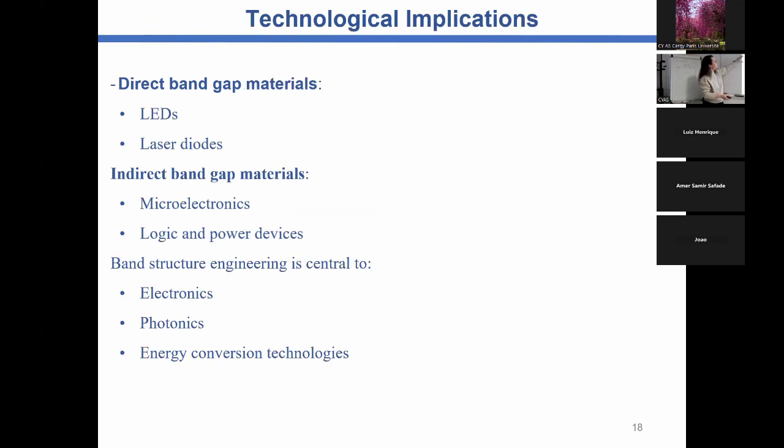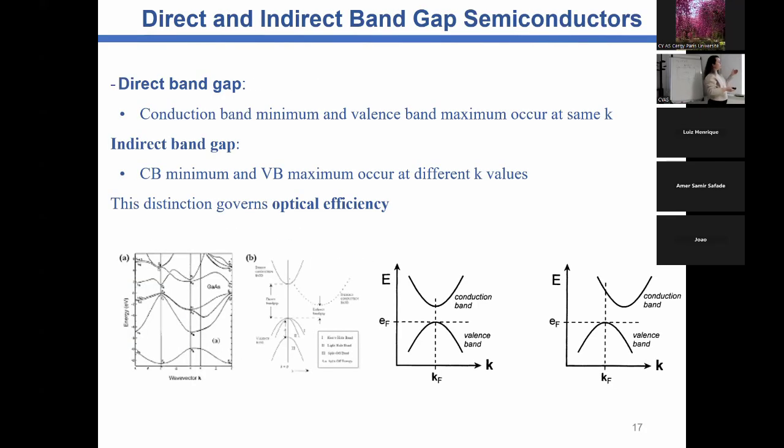So, for instance, direct band gap materials are usually used for LED, OPV, and lasers because we don't lose energy here.